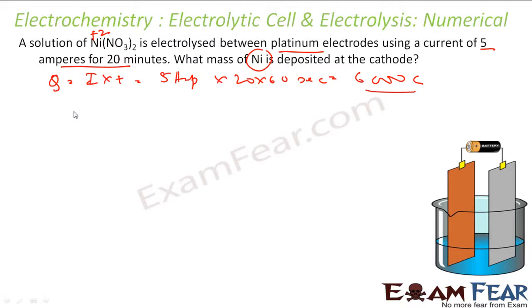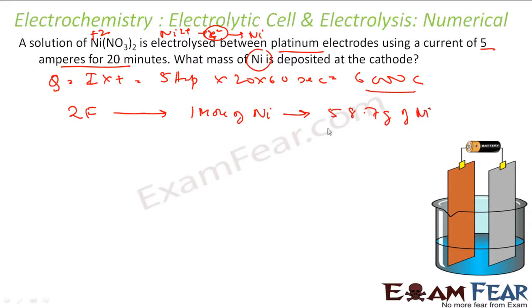I know that 2 Faraday, because this is Ni2 plus, will become nickel and it will take 2 electron. So 2 Faraday charge is required for 1 mole of nickel, and that is nothing but 58.7 gram of nickel. Correct. So I have 2F required. A 2F charge will give 58.7 gram of nickel. 2F charge is nothing but 2 into 96487 coulomb charge, which will give 58.7 gram of nickel.